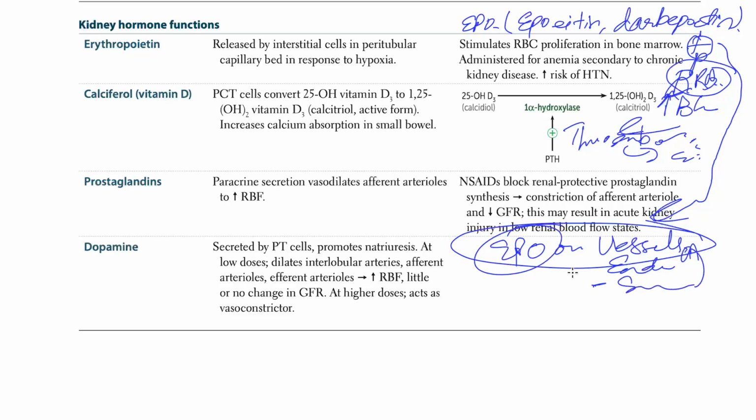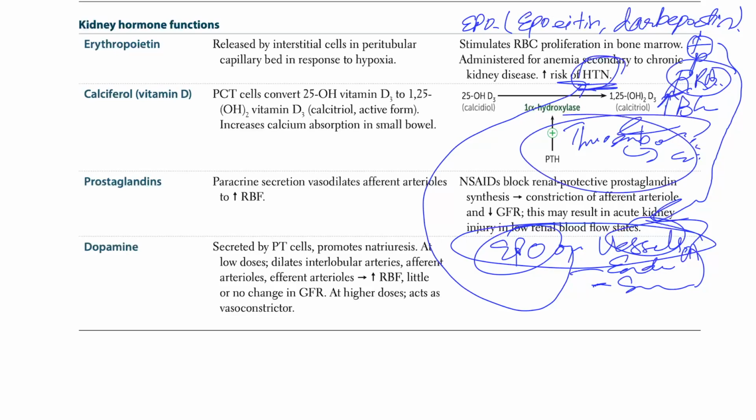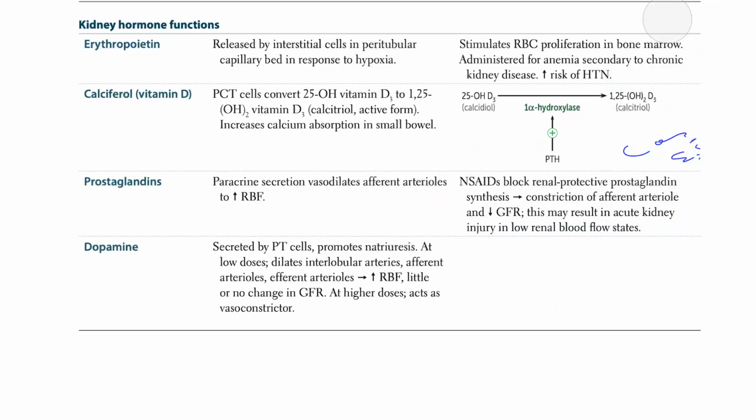So EPO receptors are present in the endothelium and smooth muscles of the vessels. This causes hypertension. That's why when you give EPO, you have the risk of causing hypertension and also thromboembolic events. So that's pretty much all we have for EPO.